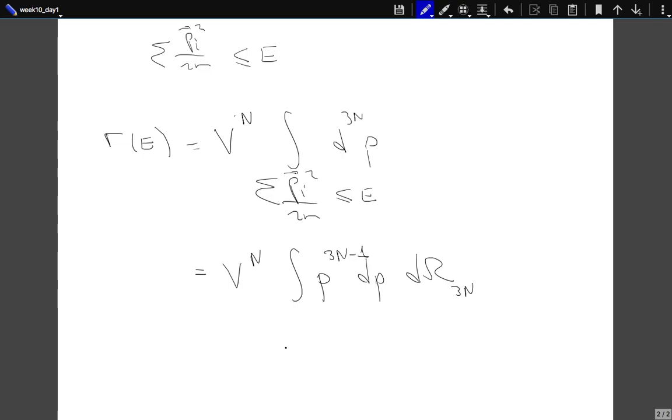And the condition is now p should be less than or equal to the square root of 2mE. Here I had defined p to be the sum of p_i squared to the power 1/2. This is the 3N-dimensional radial coordinate.